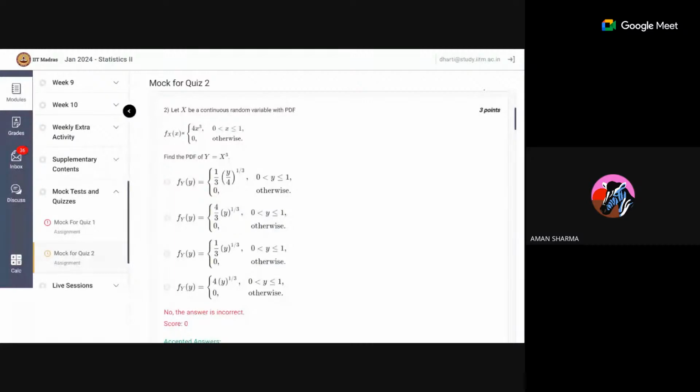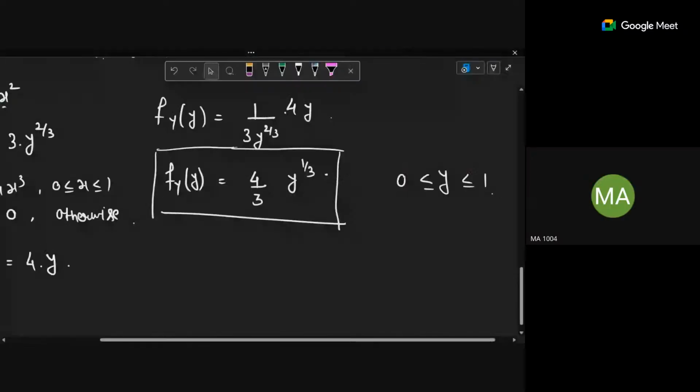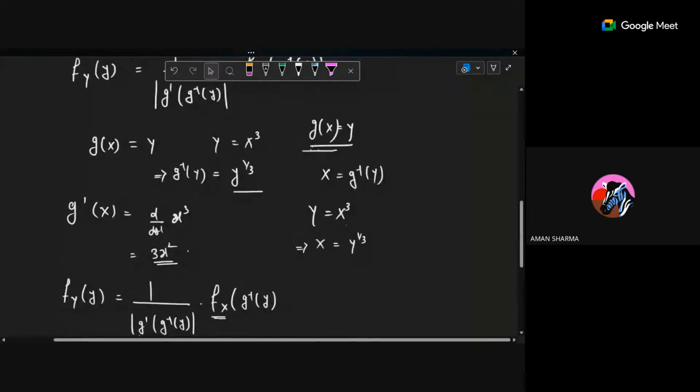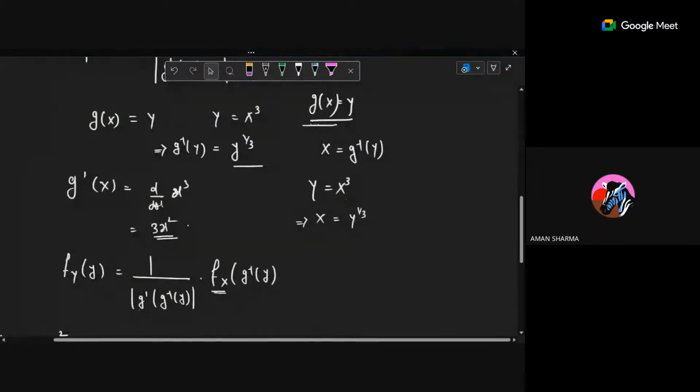Just a minute. Where are you talking about? You can see there is a g inverse of y at the bottom itself.